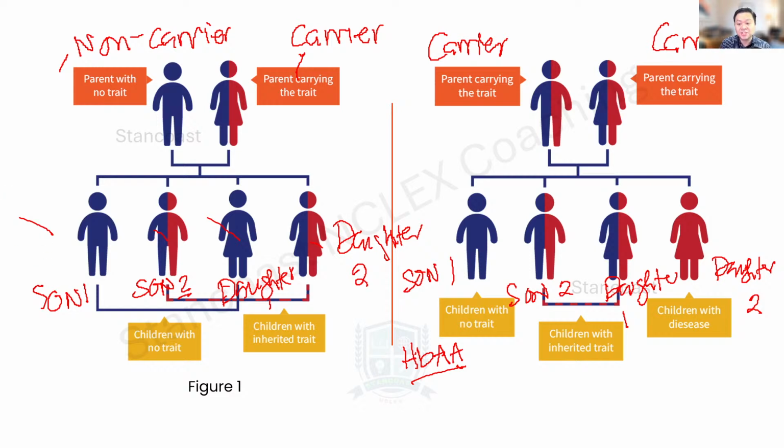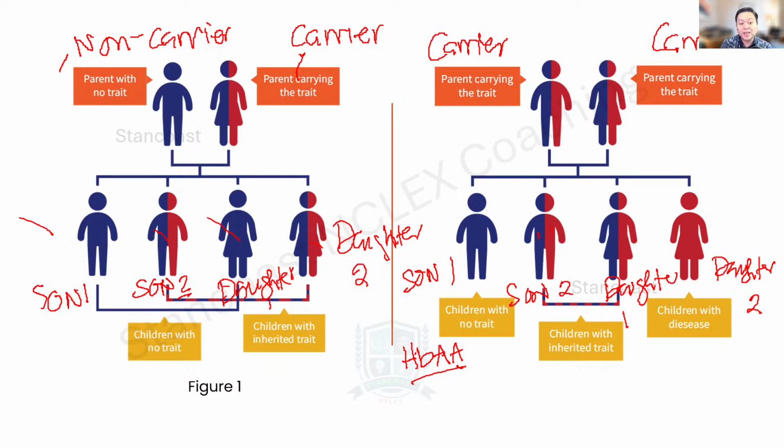Now let's talk about son number two. Well, unfortunately, the son probably got one normal hemoglobin gene from either one of the parents. It's shaded blue right here. So that blue shade represents that he got at least one normal hemoglobin from either of the parents.